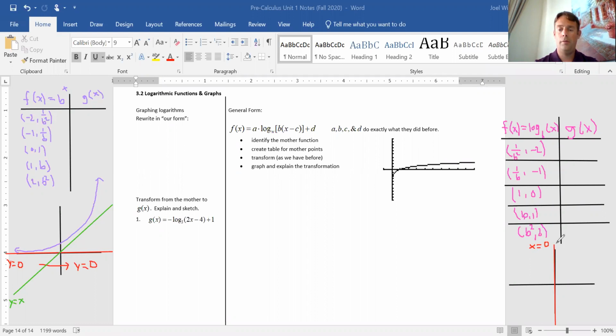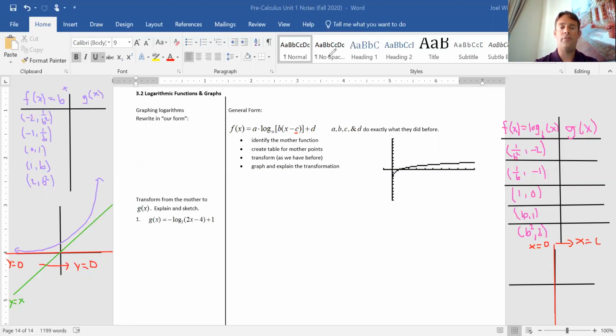But just like y equals d was the asymptote when it was transformed, the d doesn't go with y. Instead, it's the c value that goes with x. That's the thing that shifts the graph left and right. So the vertical asymptote is going to actually be x equals c once we finish off our transformations.